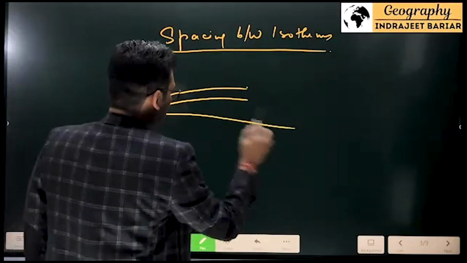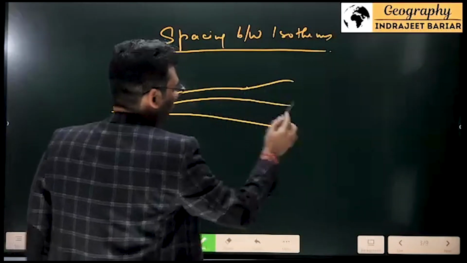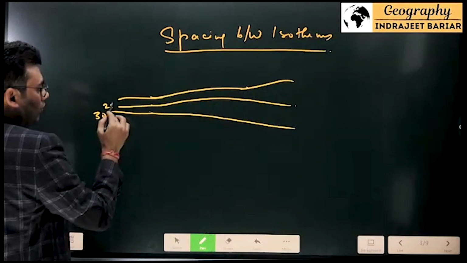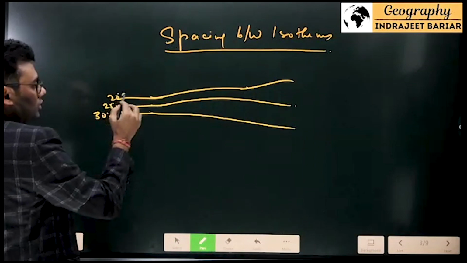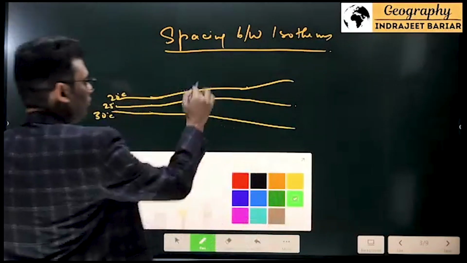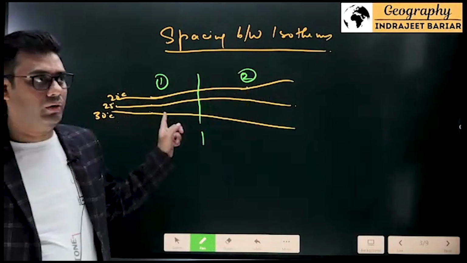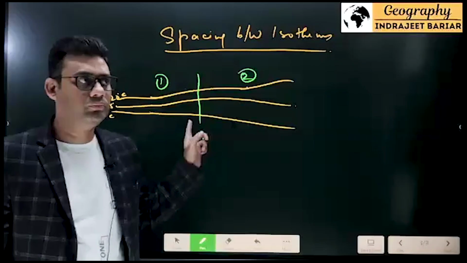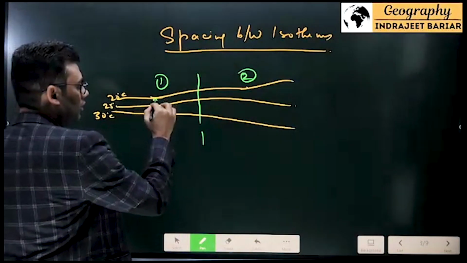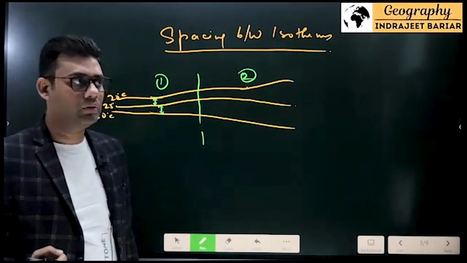So let's take this example wherein I have this particular pattern of isotherm, in which this is the 30 degrees Celsius isotherm, this is the 25 degrees Celsius isotherm, this is the 20 degrees Celsius isotherm. Now two regions I can see over here, region 1 and region 2. In region 1, these isotherms are closely spaced to each other. What does that mean? It means that with distance, the change in temperature is very rapid.